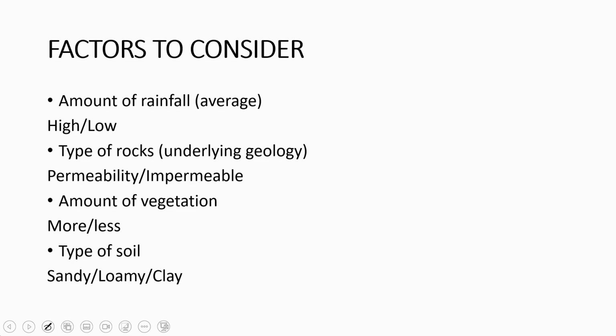So, what you need to consider in your mind now is if the area has underlying geology that allows water to pass through it, it means it allows water to infiltrate. Okay? And the more the infiltration, the lesser the runoff.